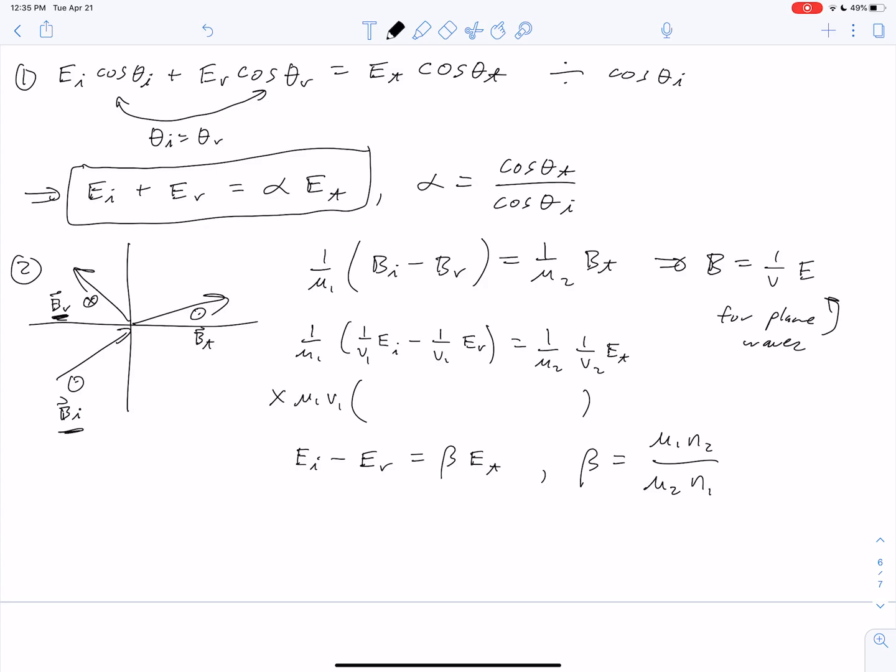And I got that because remember that n2 over n1 is equal to v1 over v2. Okay, so I use that.